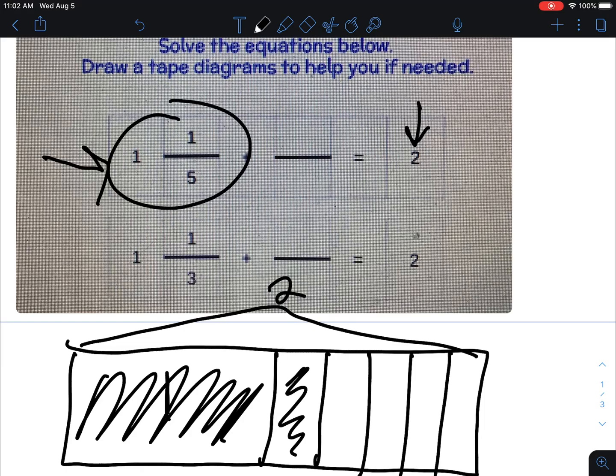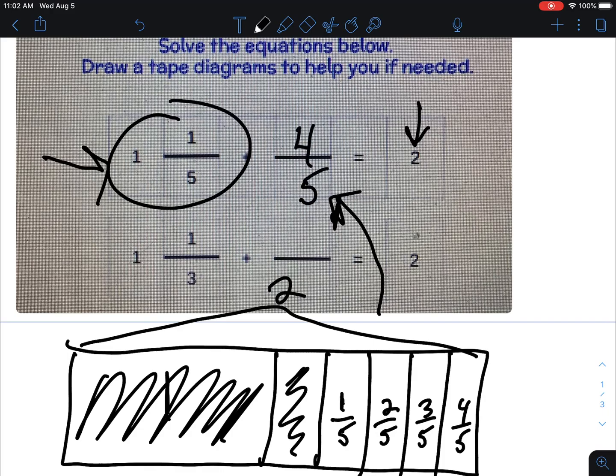So now all you do is you count the unshaded pieces, and that's going to be the number you add to get to 2. Because, right, if you shade in this whole thing, now you're at 2. So you just count those pieces, and it's 4/5.